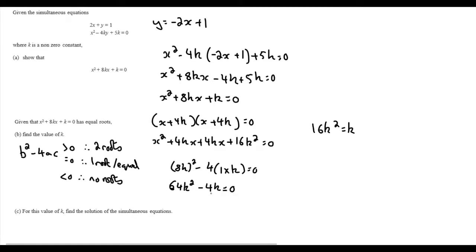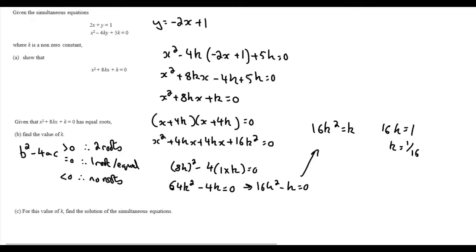And if you cancel through by a factor of 4, you end up with 16k squared minus k equals 0. Add the k over, you get straight back to this expression from before. So now that we're back here, you end up divide through by a factor of k, you get 16k equals 1, so k equals 1 over 16.